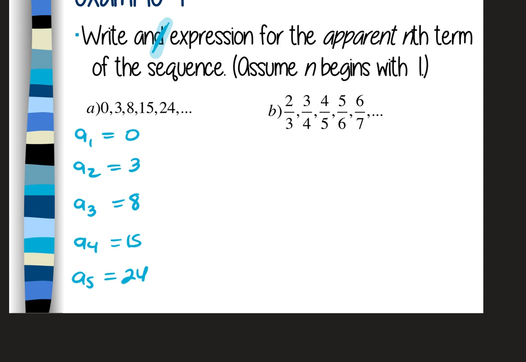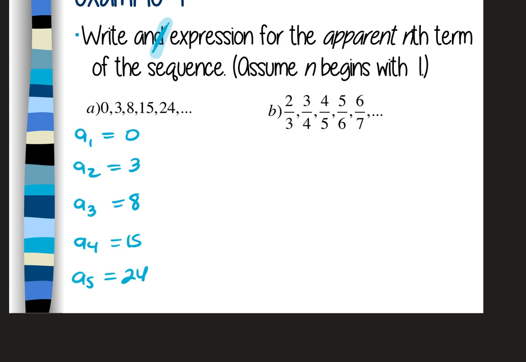First of all, what ways can you get from 1 to 0? I could subtract 1. I could multiply by 0, but then they'd all be 0. If I subtract 1, it works for a1, but does that work for a2? No, so that pattern doesn't work.